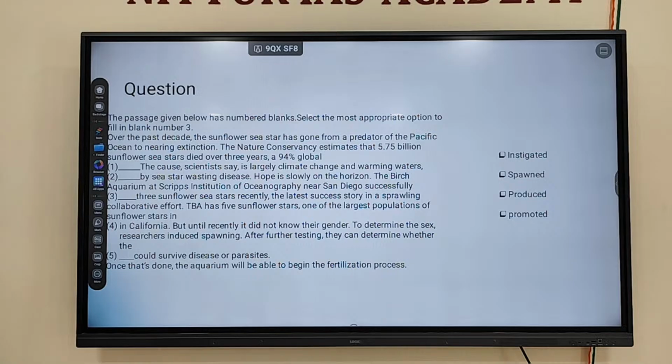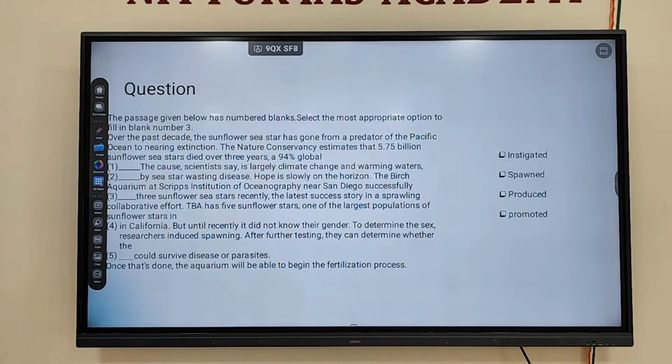The cause, scientists say, is largely climate change and warming waters dash by sea star wasting disease. Hope is slowly on the horizon. The Birch Aquarium at Scripps Institution of Oceanography near San Diego successfully dashed 3 sunflower sea stars recently.